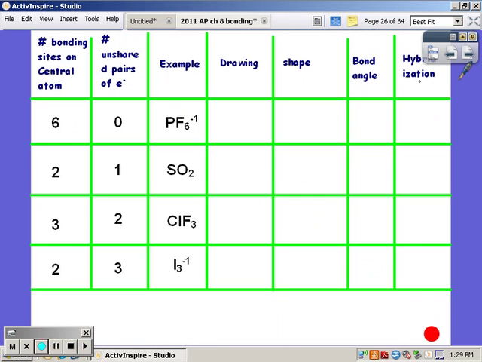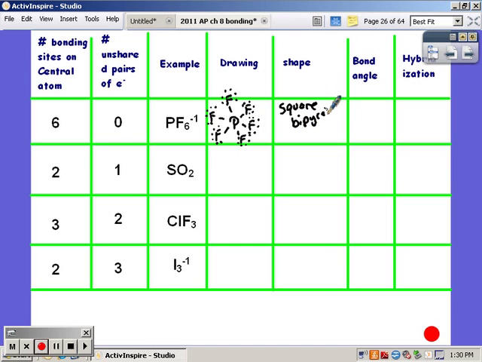I'm going to pause the video and draw PF6 -1 on your own. So you have 6 fluorines coming off, making it square bipyramidal.